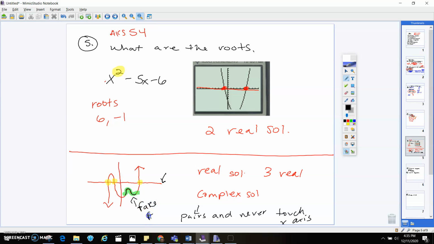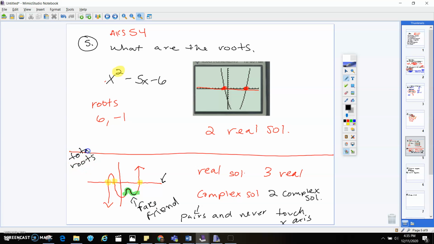He's imaginary, he's complex. But he's not just one person, he's actually 2 complex solutions. He's 2 complex, okay?